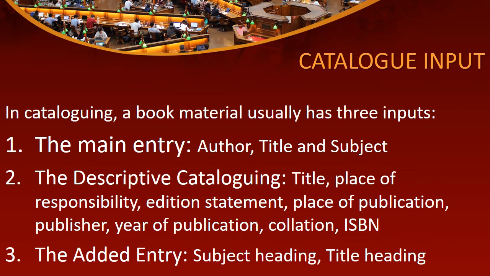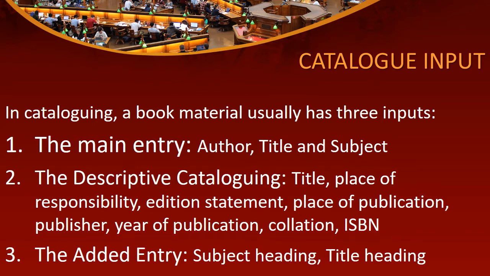The catalog inputs. In cataloging a book or material, it usually has three inputs. The main entry, which is denoted by the author, title or the subject written on top of the catalog.